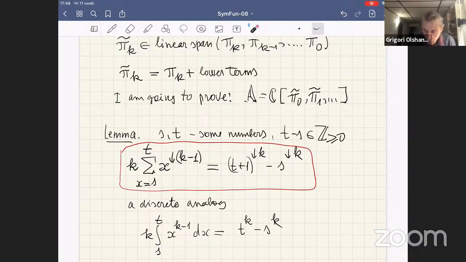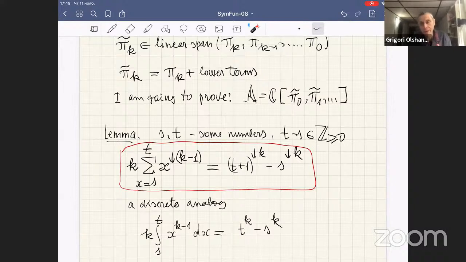There are some modifications: first, this is a discrete analog, so I have to assume this condition. There is some shift here, and the powers here are not ordinary but factorial, but it is of the same type. And actually this is a true analog, because if you replace the factorial powers by ordinary powers, we don't have such a nice formula.